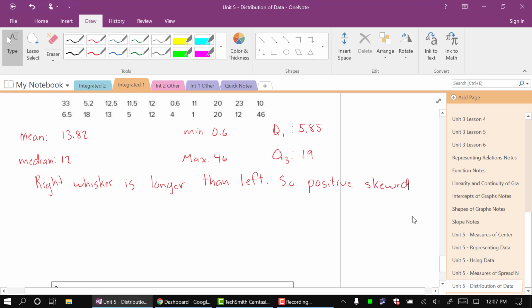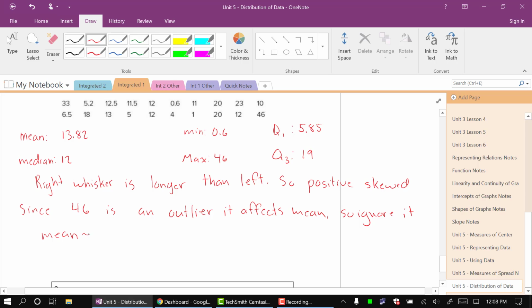And as I was talking about with the 46, since 46 is an outlier, it affects the mean. So let's ignore it. If we ignore it, we get a mean of about 12.12.